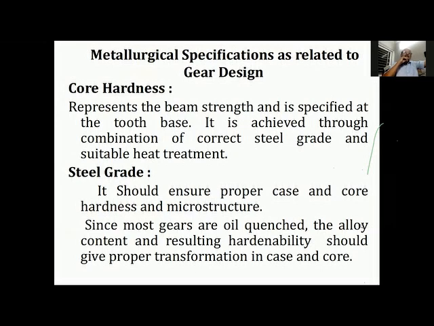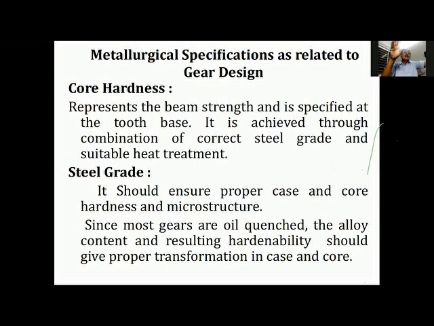Yeah. So next, what is commonly specified in the drawing is core hardness. Here, what is required is core strength at the root to prevent bending fatigue. And this is in fact specified in many German company standards as UTS only, so many MPa or so many kg per mm square.